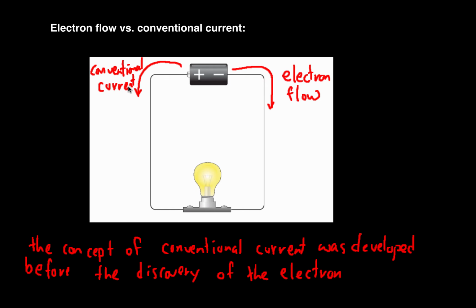Now, we know conventional current doesn't actually exist. It's really electrons that are flowing through the wire. Conventional current is the imaginary flow of positives from the positive terminal of the battery to the negative terminal of the battery.